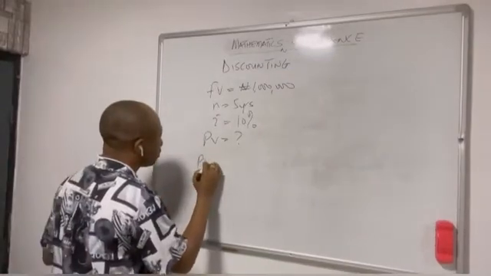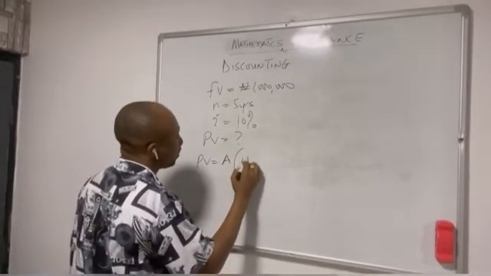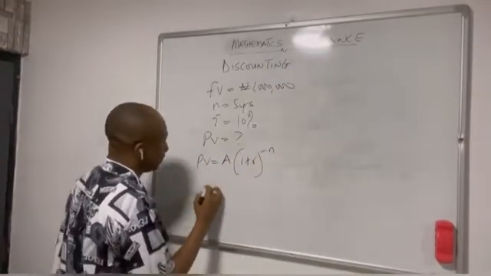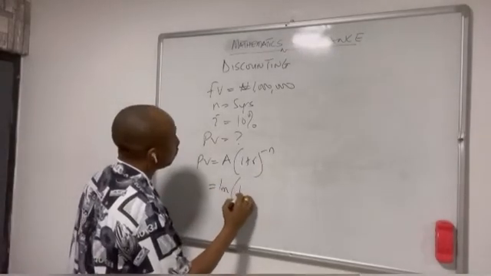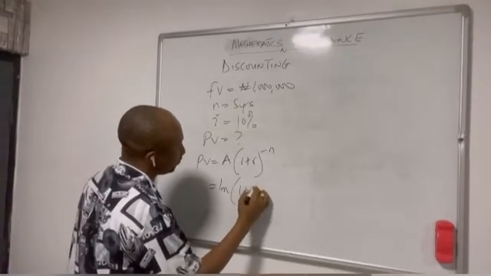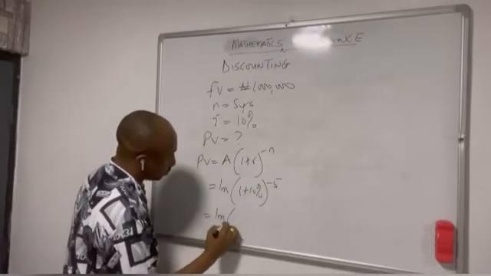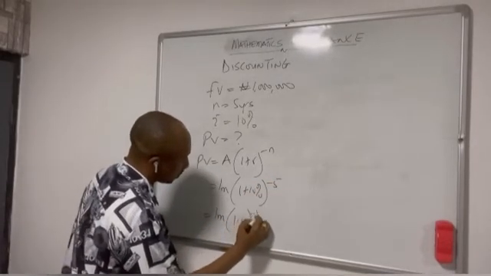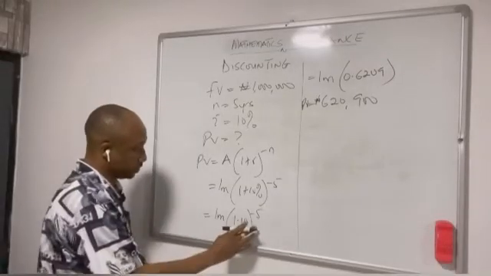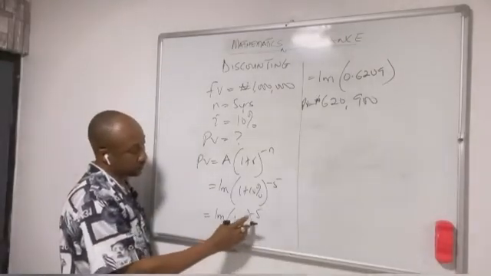It will be worth amount into 1 plus R raised to minus N. That's 1 million into 1 plus 10% raised to minus 5. That's 1 million into 1.10 raised to minus 5. Use calculator to determine the value of 1.10 raised to minus 5.